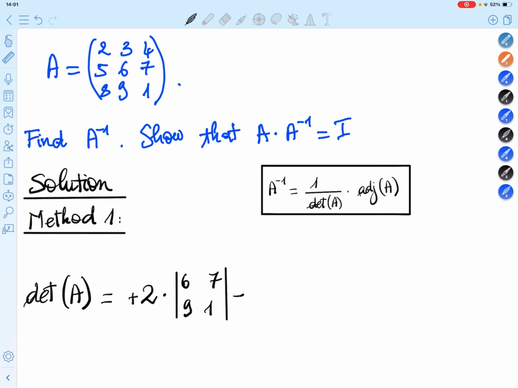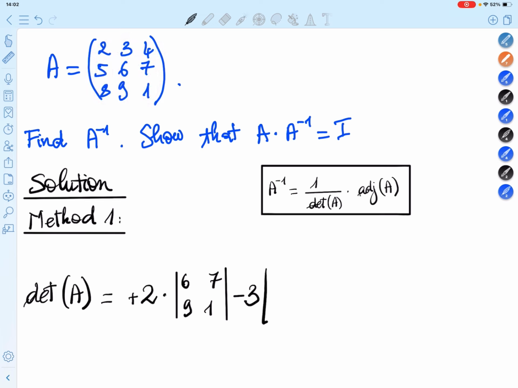Then we put a minus. We take the second number, which is the first row, second column, which is in this case 3. We put 3 here, and then we do the same. We hide this, so we're gonna be left with 5, 7, 8, 1, right?